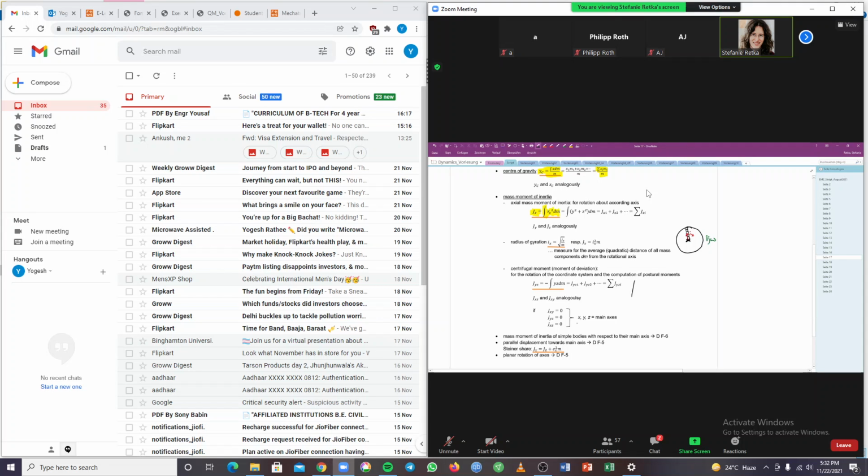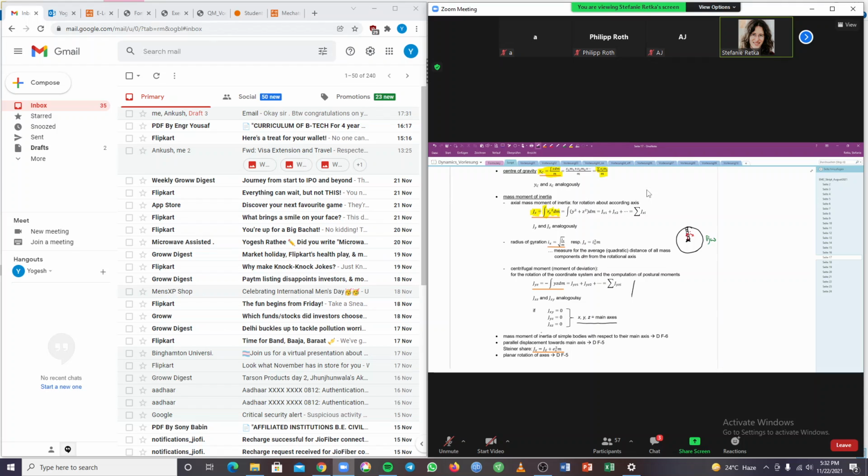And again, if our axis of rotation refers to a main axis, these mass moments of inertia, deviation moments, are equal to 0. Yes, in my example, the x-axis is the axis of rotation, pointing outward or inward the plane of paper.